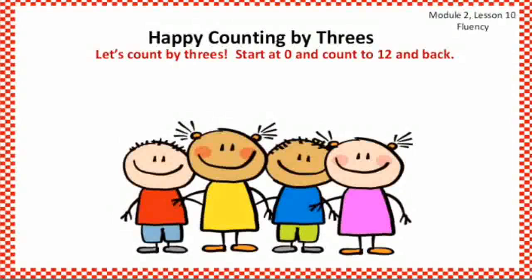It says happy counting by threes. Yes, we want to count by threes. Now let's count by threes. Start at 0 and count to 12 and back. This time we're not counting in twos, we are counting in what? Threes. So let's start from 0. 0. You jump 2 numbers and say the order.